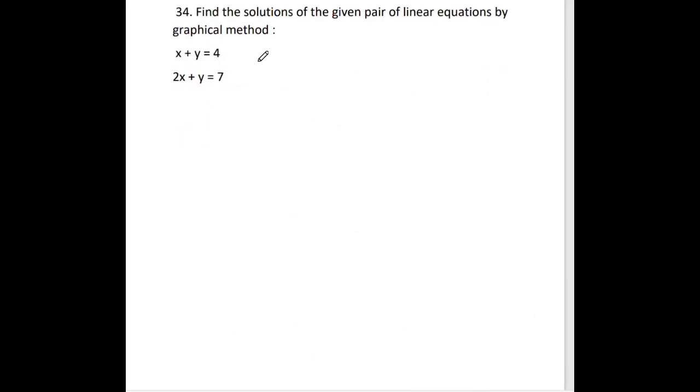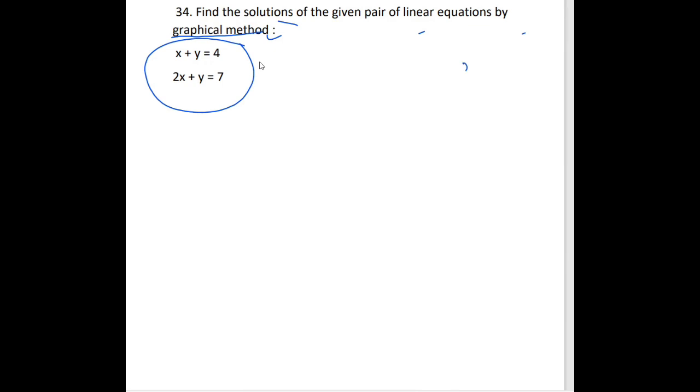So next we'll go to the 4 marks question, the graphical method. See, basically this is the linear equation. Either you do the graphical method, or you do the elimination method, or you do the cross multiplication method. Do any method, the answer for x and y should be the same, right? So what I will do, see, the first thing, remember everyone do this, I'm 100% sure you will not go wrong with this question.